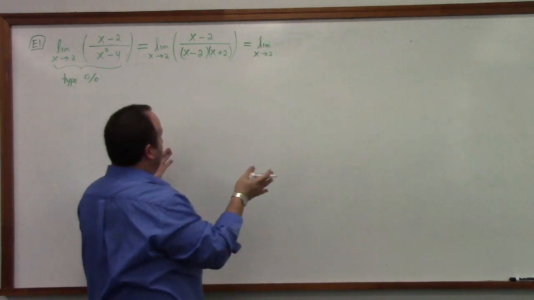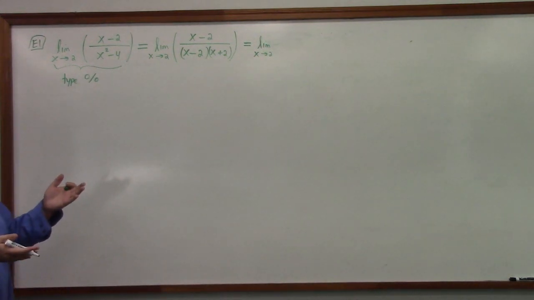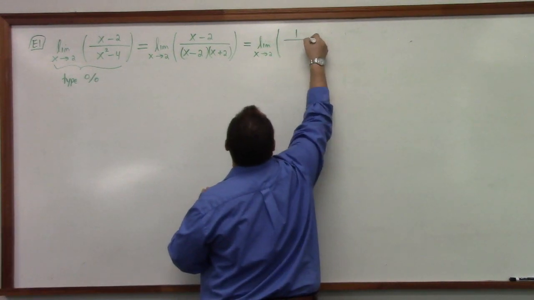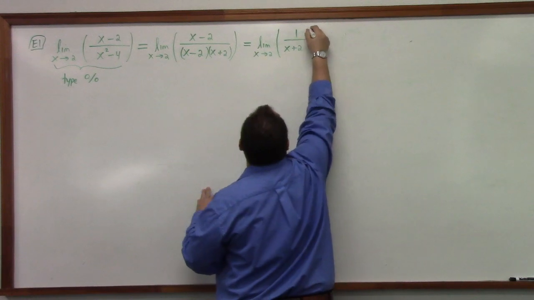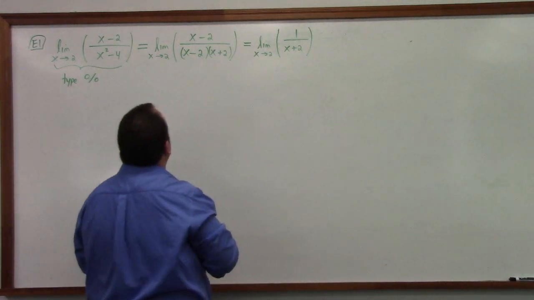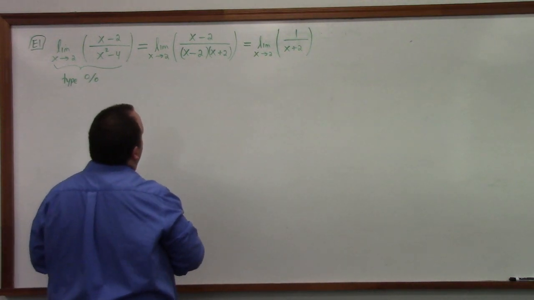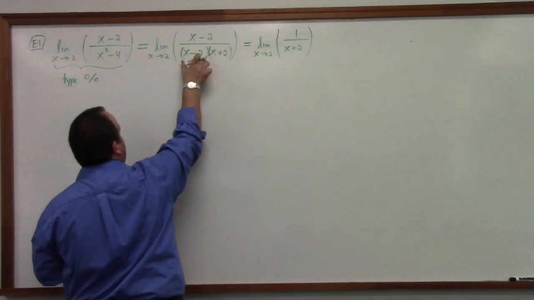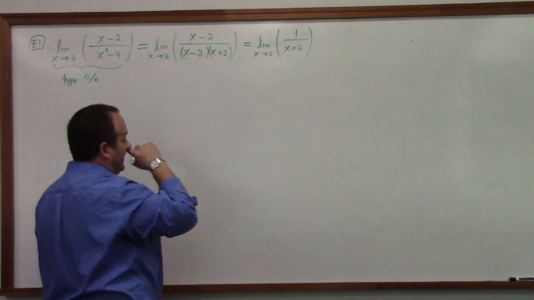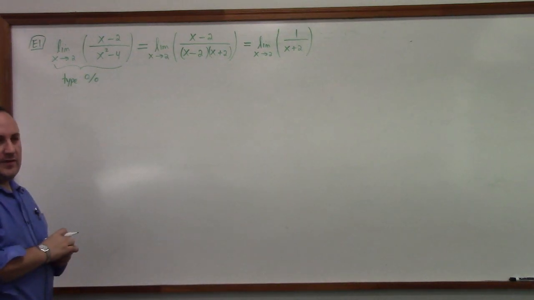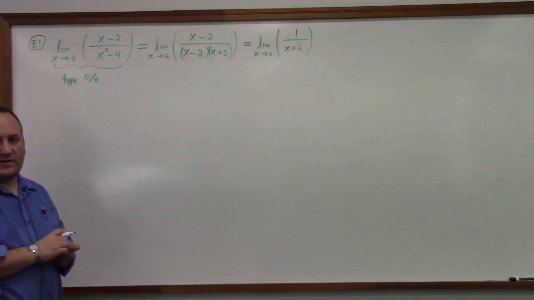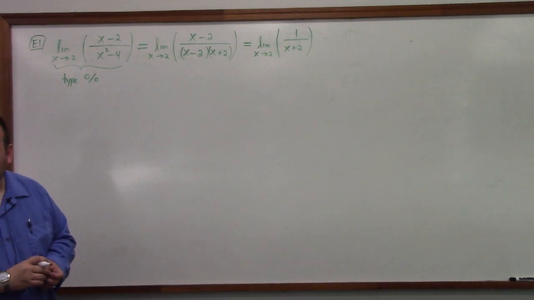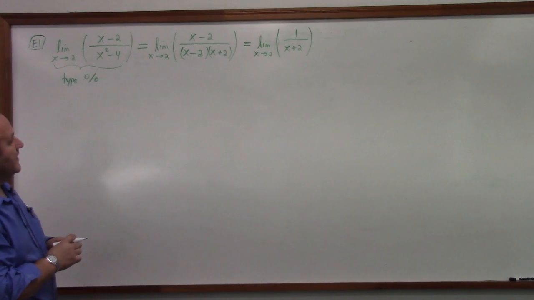So okay, so then what? And why can you do that? There's not a sign. Right, yeah, that's true. This has to be multiplying everything in the denominator for that to work, right? But what else do we know? Yeah, we just cancel.